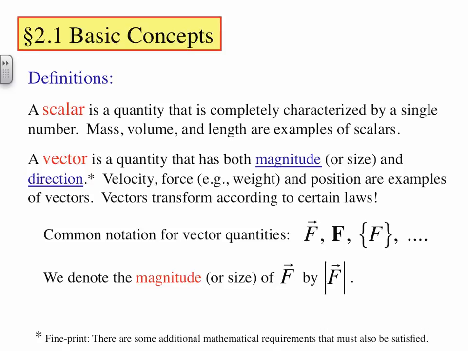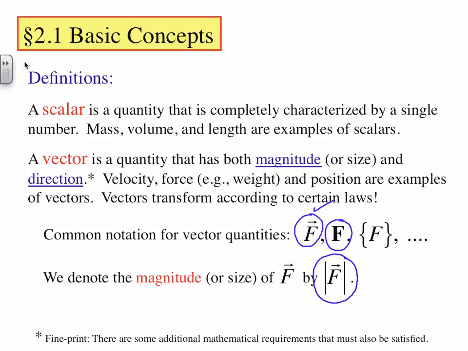There are many ways of representing vectors in written texts. 2 of the most common are placing a little arrow over the symbol or writing the symbol in a bold-faced font. In the examples we'll discuss in these videos, I'll use this first approach. The magnitude of a vector is frequently written by placing vertical bars around the vector.